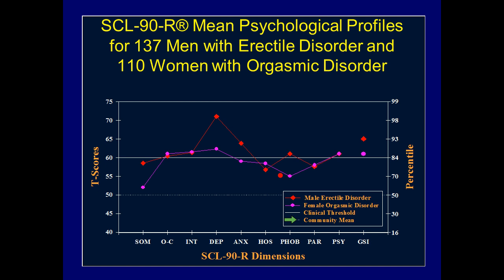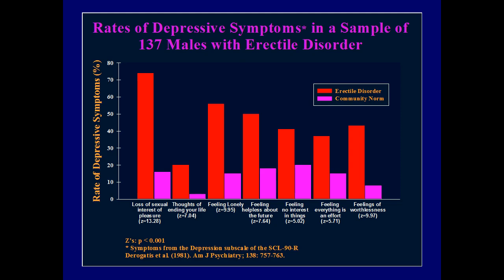Okay, now, for the next level, I selected the items from the depression dimension on the 137 males with erectile disorder, and the rates of these items, symptoms, manifest in the men with erectile dysfunction versus the normative, the non-patient normal norm in the lavender.